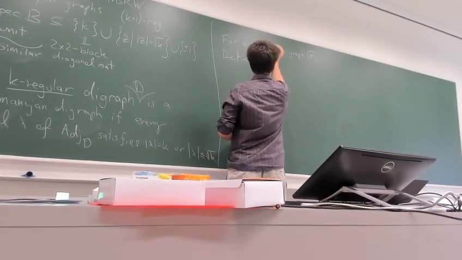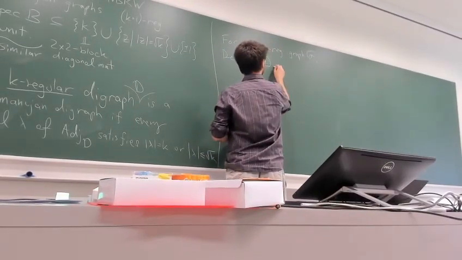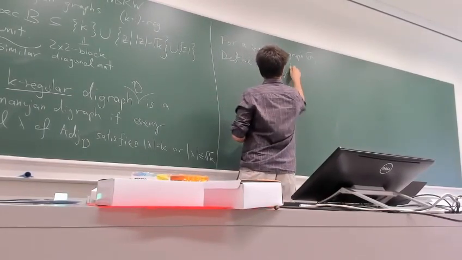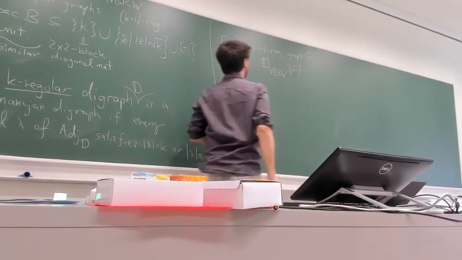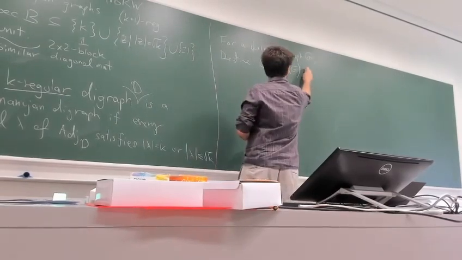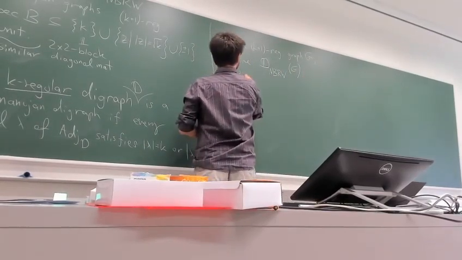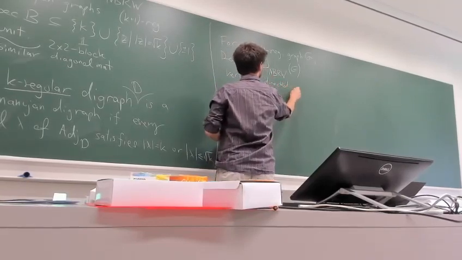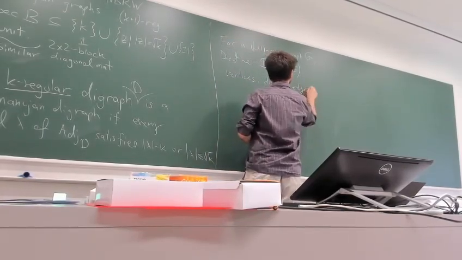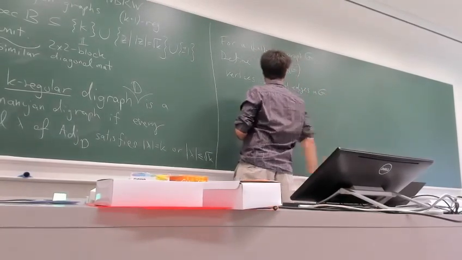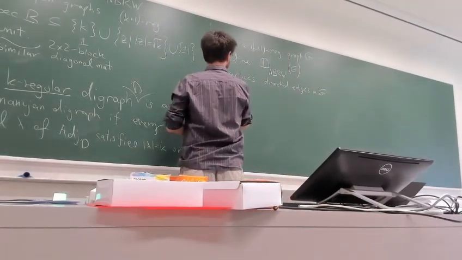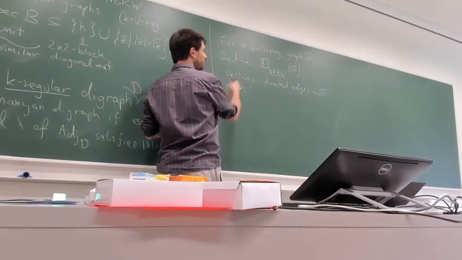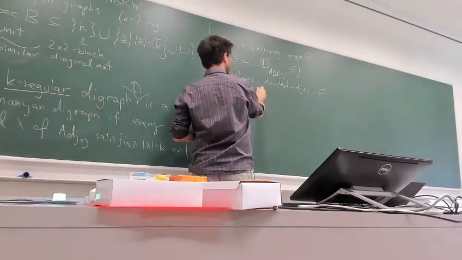It will be the directed graph describing non-backtracking random walk on G. The vertices will be directed edges in your original graph, and the edges are now directed, because this is a directed graph.